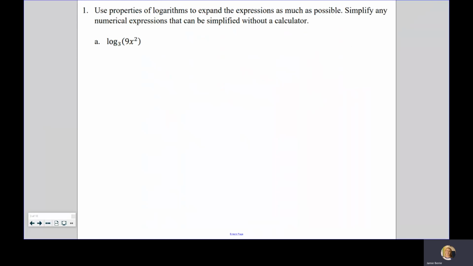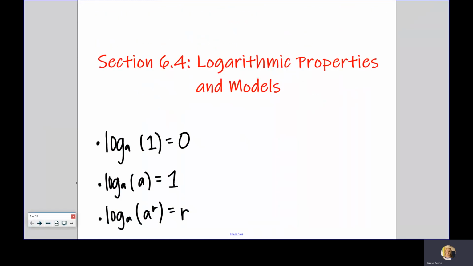There's going to be 2 types of examples that you'll see in this section using the properties of logarithms. The first example is going to be where you have to expand expressions. So you are given a single logarithmic expression and you're asked to expand it as much as possible. And it says to simplify any numerical expressions that can be simplified without a calculator. Again, that last sentence just refers to these 3 properties.